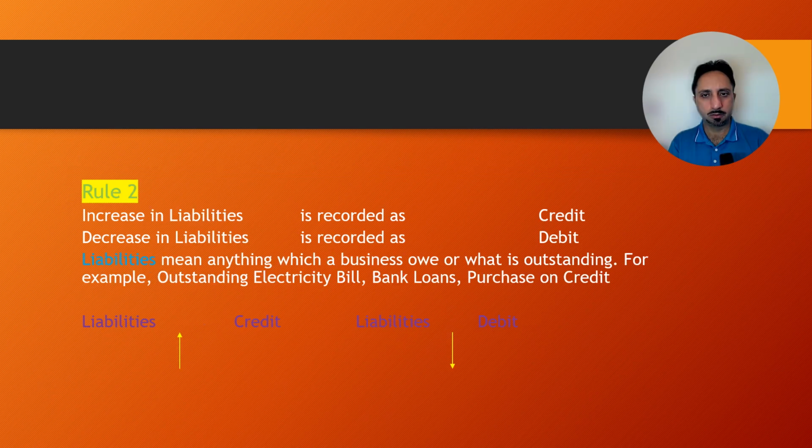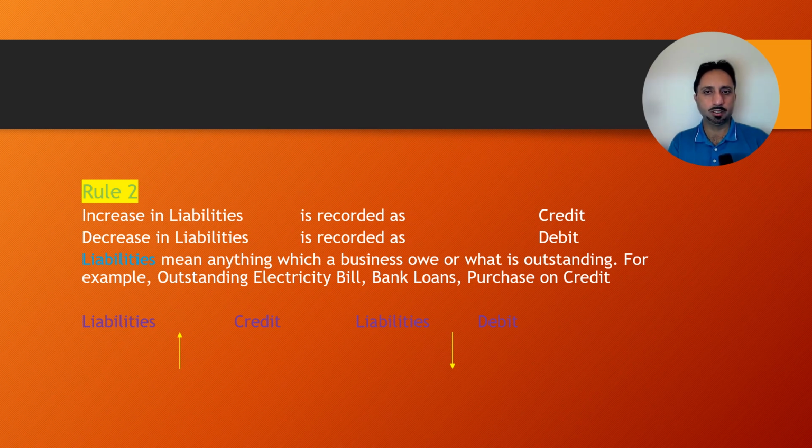Rule number two says when there is an increase in liabilities, it is recorded as a credit entry, and when there is a decrease in liabilities, it is recorded as a debit entry. Now, what are liabilities? Liabilities is anything which is outstanding to your business.